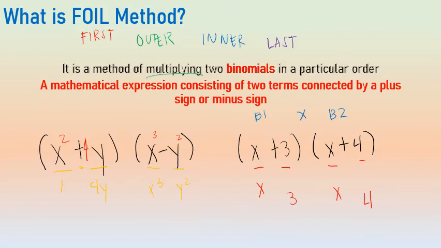Okay, so paano ba ginagamit si FOIL method? Let's have an example. Gamitin natin yung example natin kanina na binomial. We have x plus 3, then x plus 4. Okay.